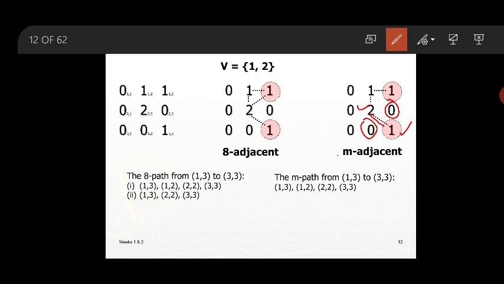I hope this example gives a very clear picture. When making a diagonal connection in this fashion, this 1 is from V, so you can't go. From 2 to 1 you can go, because the common pixels are 0 and 0, not from V, so you can make a direct connection.